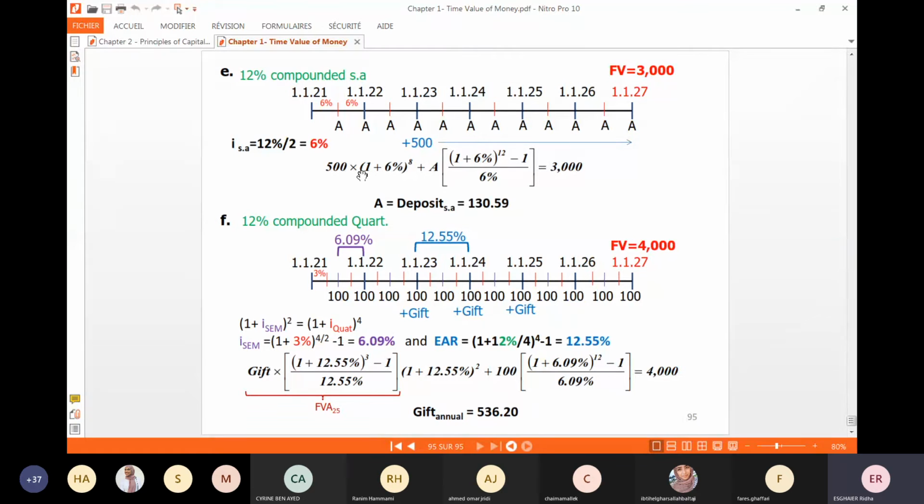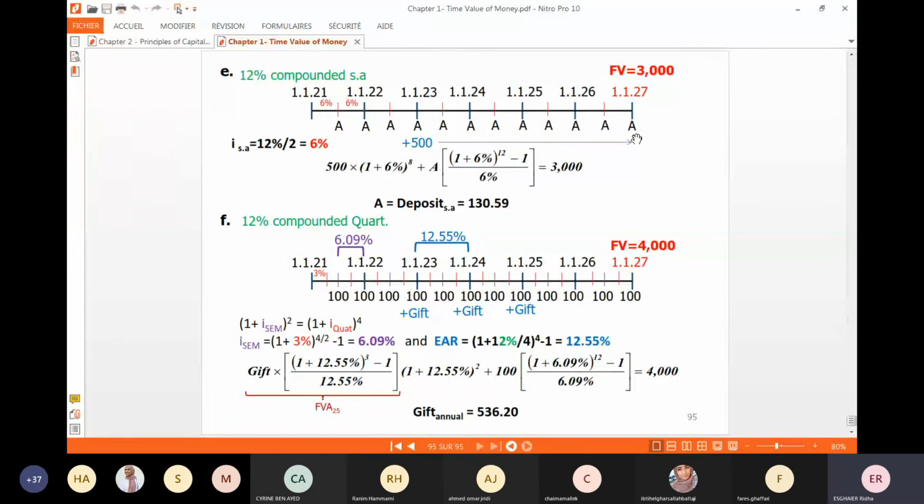Now, what is the future value of the 12 A's? The future value of the 12 A's, knowing that the future value date coincides with the date of the last amount deposited, which means that we should use future value of an ordinary annuity.